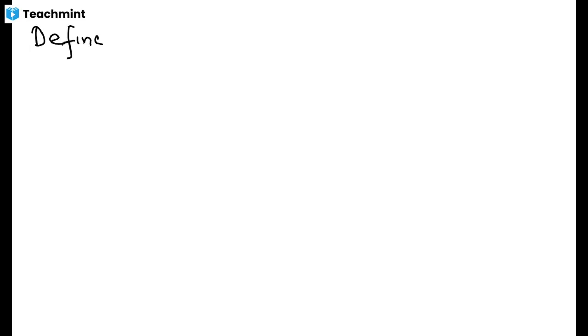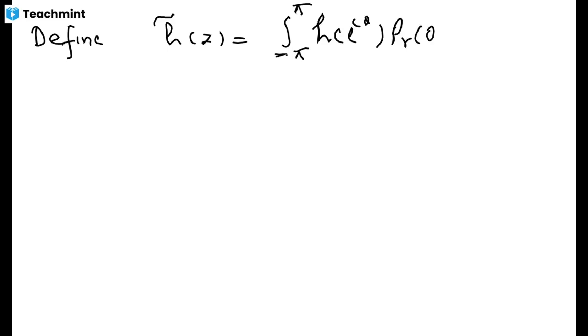Let me define a function h tilde of z to be the integral from minus pi to pi of h(e^{i phi}) P_r(theta minus phi) d phi upon 2 pi, for z equal to r e^{i theta}.